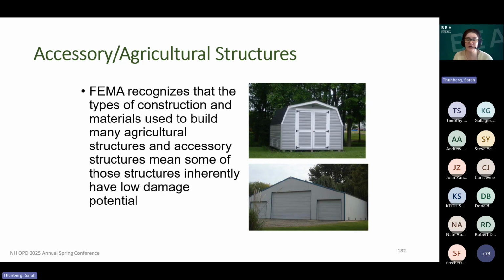All right, so FEMA generally recognizes that there are types of construction and materials used in many agricultural structures and accessory structures that inherently mean that they have low damage potential. They're light, they're not made out of concrete most of the time, and that gives them a low damage potential.